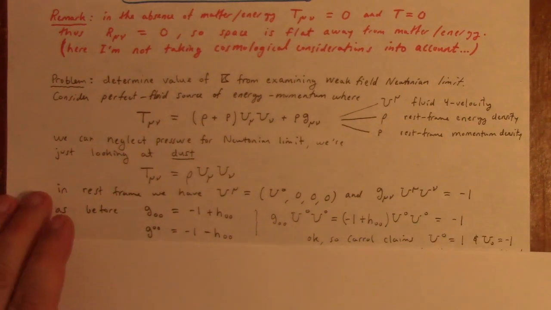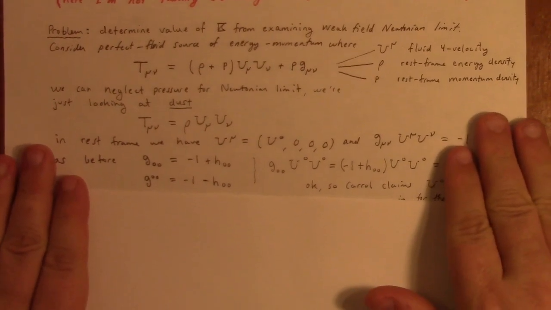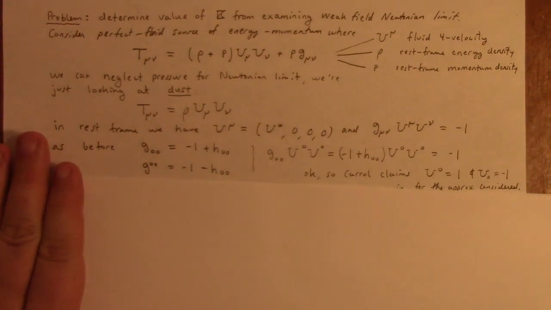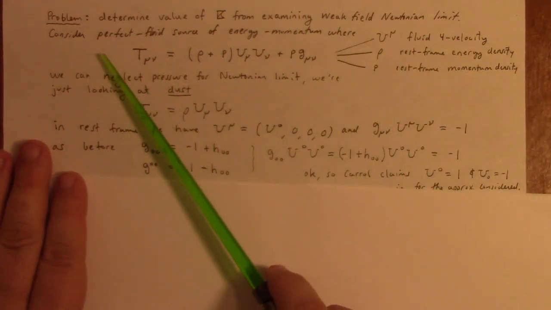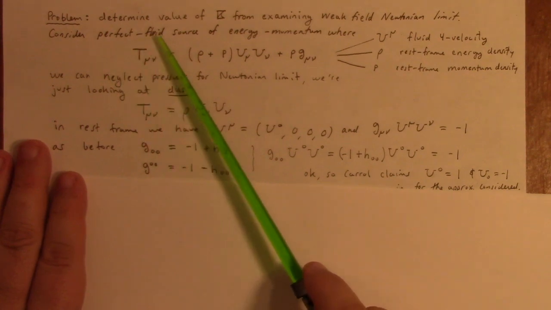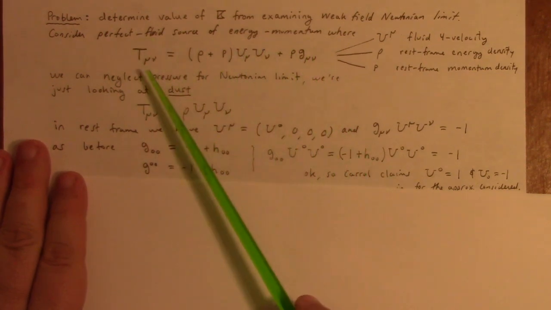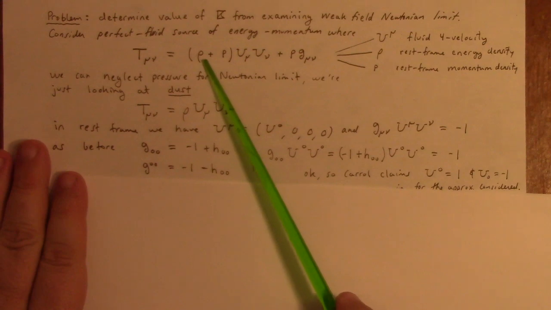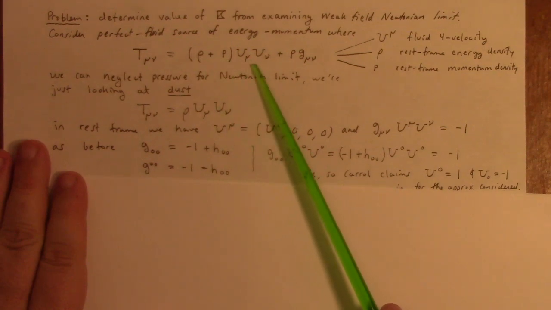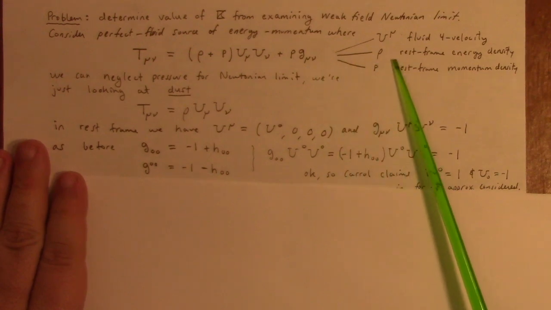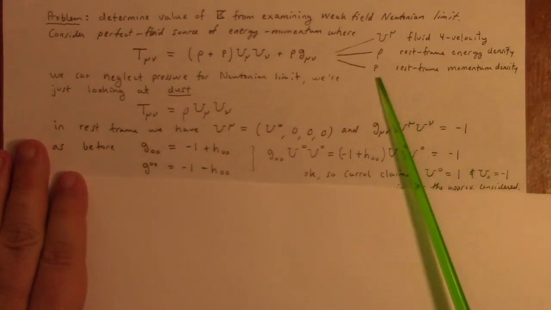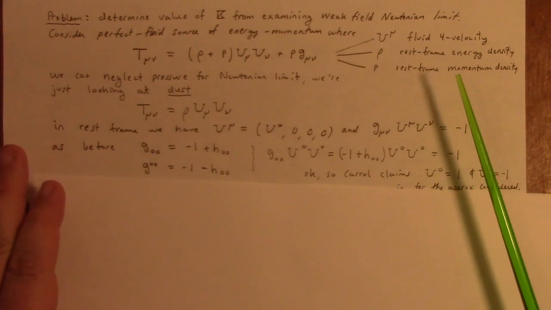So the problem is to determine the value of kappa from the weak field Newtonian limit. Towards that end, we're going to consider a perfect fluid source of energy momentum, which has this formula. So you have the density plus the pressure, times the four-velocities, and then over here you've got your pressure times the metric. We're talking about rest frame energy density, rest frame momentum density, actually.